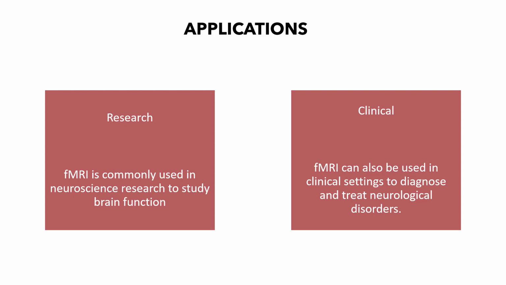It can also be used to map brain functions before the surgery to basically ensure that the areas of the brain are not particularly damaged during the procedure. Overall, fMRI is quite versatile. It's one of the most valuable tools and has many applications in both research as well as in clinical settings.